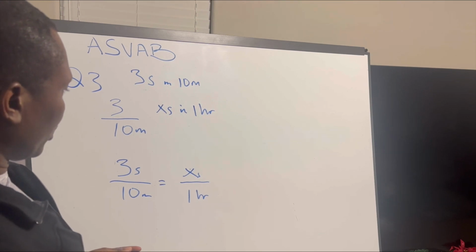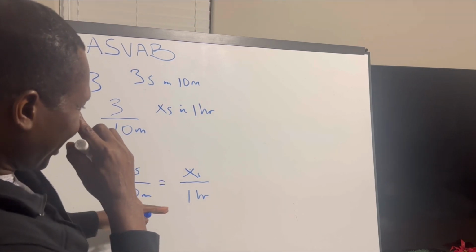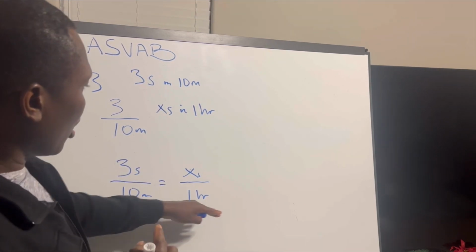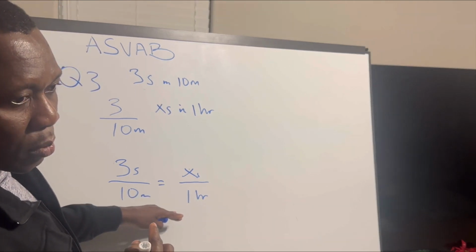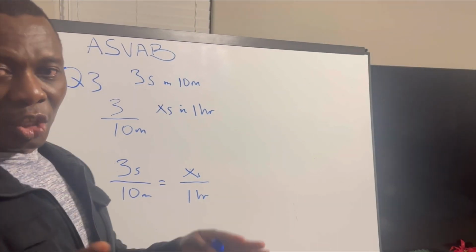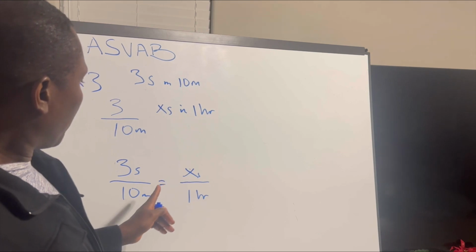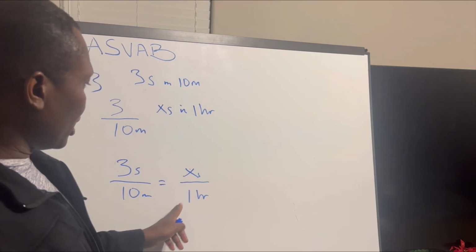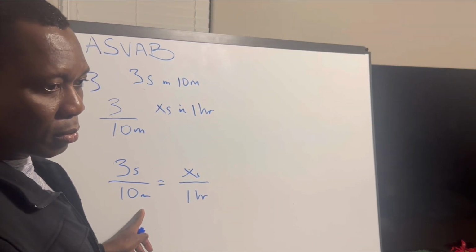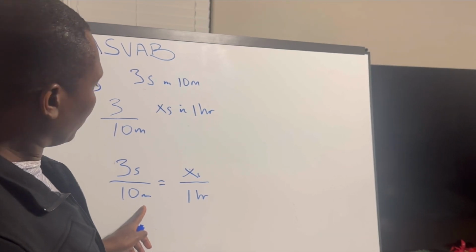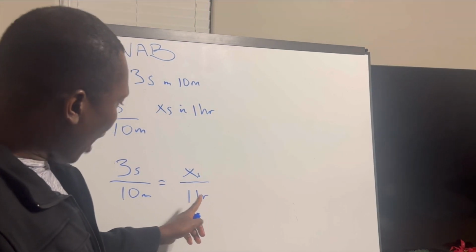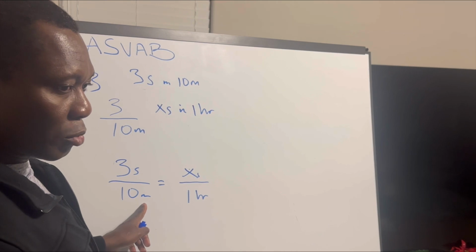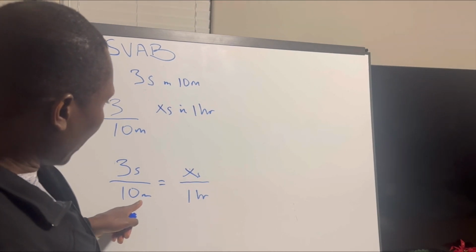In these questions, you have to have the same values on the bottom. Meaning, you will turn hours into minutes before you can solve the equation. You will convert 1 hour into minutes so that you can have the same value here.